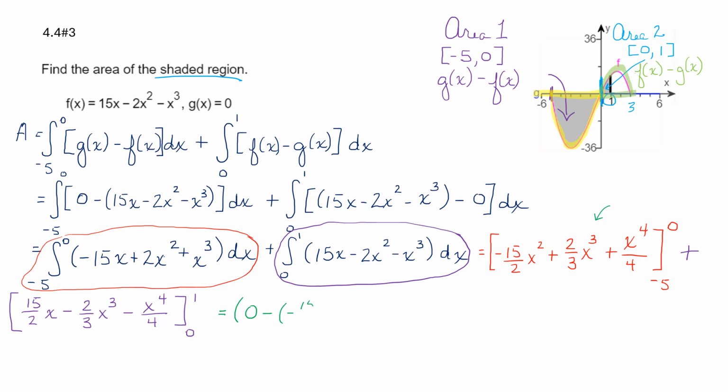So we'll have the -15 over 2 times -5 to the second plus the 2 over 3 times -5 to the third plus the -5 to the fourth over 4. Okay, so that, and I'll just write above it, that's our area 1.